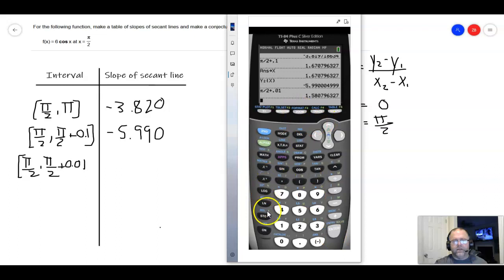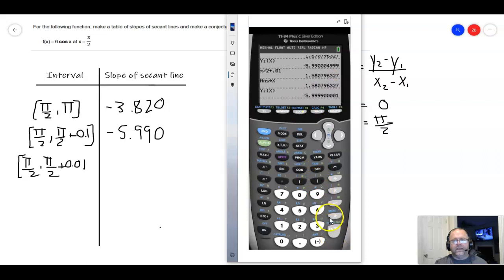We're going to store that as our new x. Then we go to vars, our y variable, and y2, because that's the function I stored as our slope formula, and evaluate that at the new x value that we just stored.